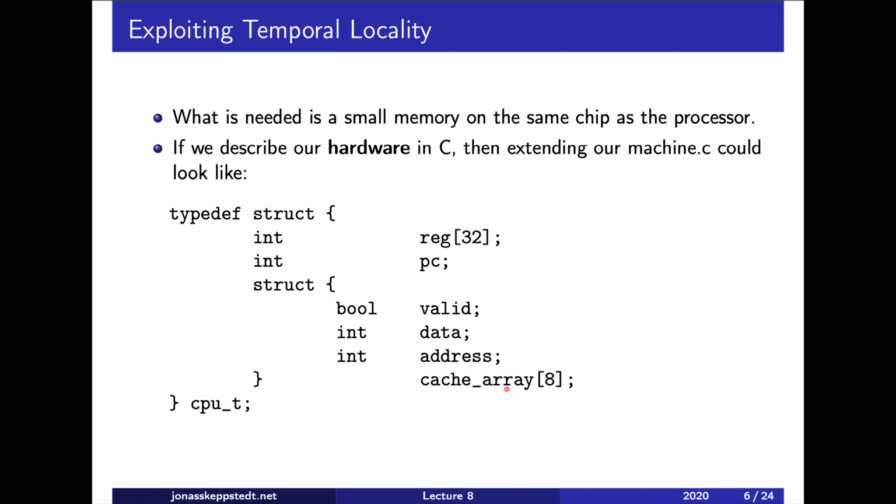To know which data we have, we clearly need to know which address it was. So when we want to read data, instead of reading it from memory, we can check if the address is the address that we wanted to read from memory.